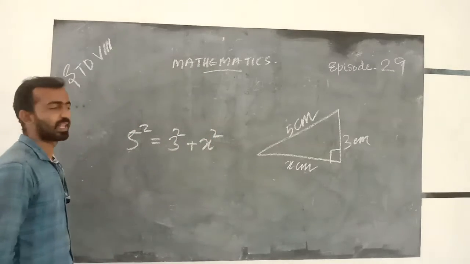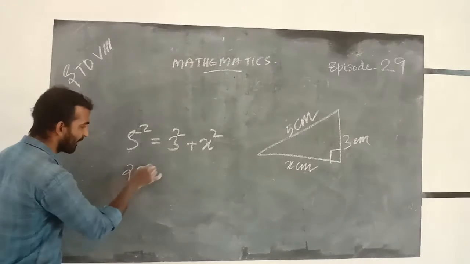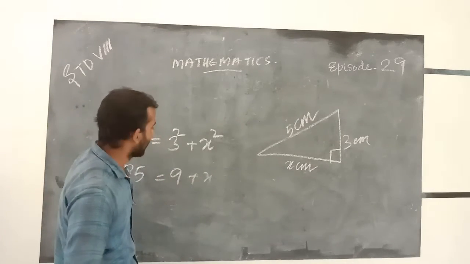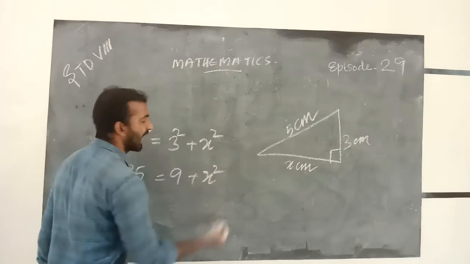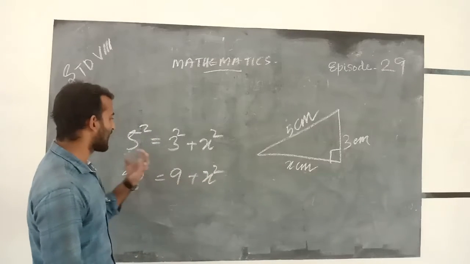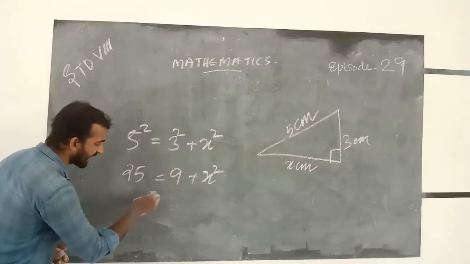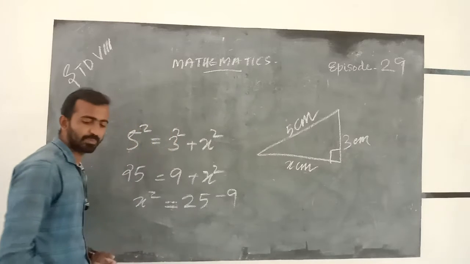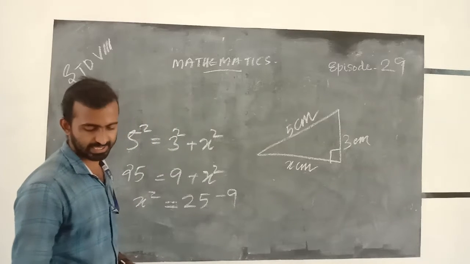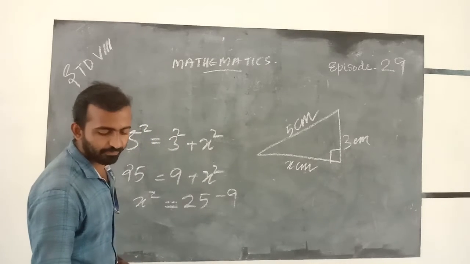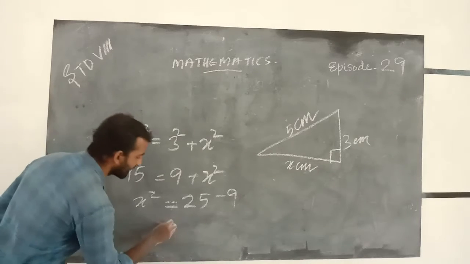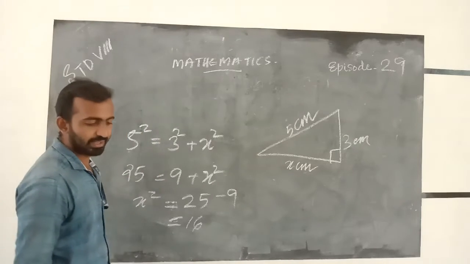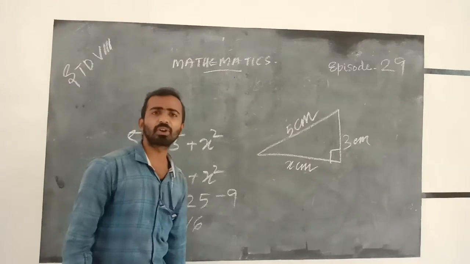That is 25 equals 9 plus x square. When we transpose the 9 to the left side, x square equals 25 minus 9, so x square equals 16.